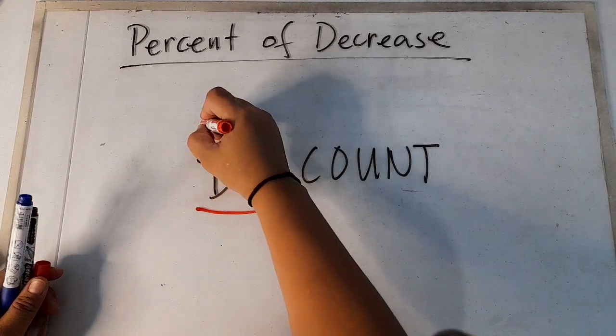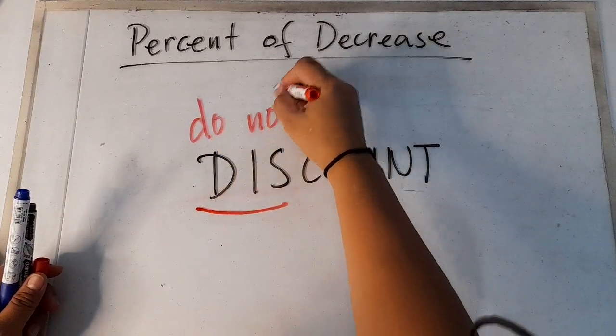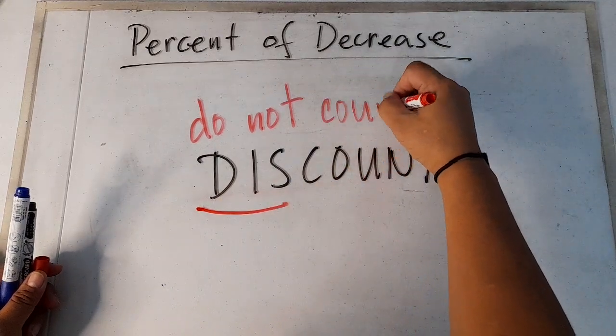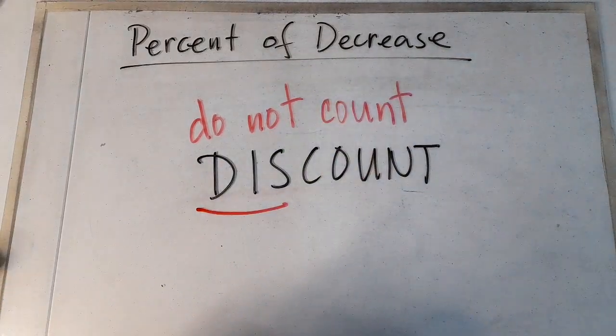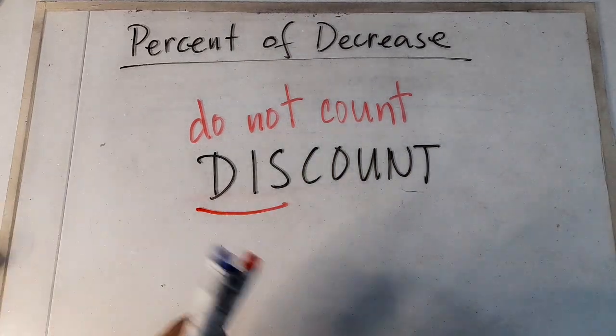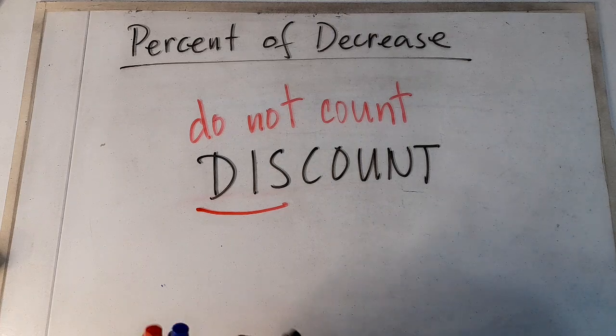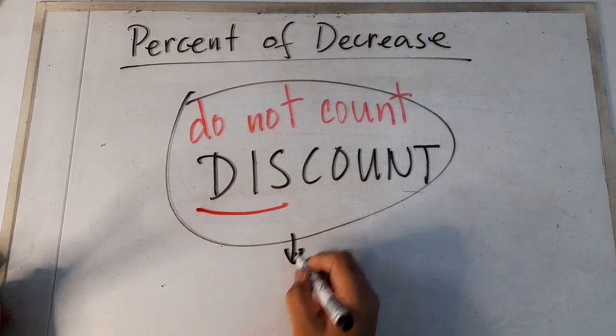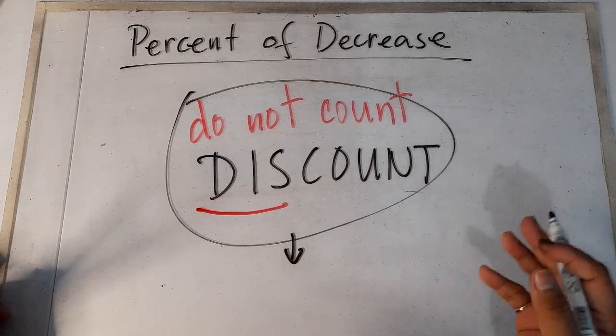This means do not. So, pag sinabing discount, we do not count. Okay, meron tayong hindi ibinibilang. Meron tayong ibinabawas. So, for this reason, we can say that when we are talking about discounts, we remove something from. Okay?